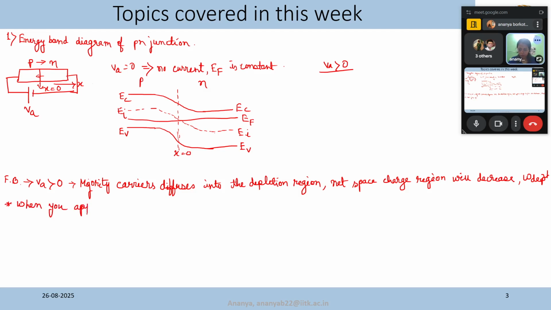When we apply positive voltage to a semiconductor, it does not matter whether it is P-type or N-type, just positive and negative, you remember this. This will be useful when we study the MOSFET and MOS capacitor.